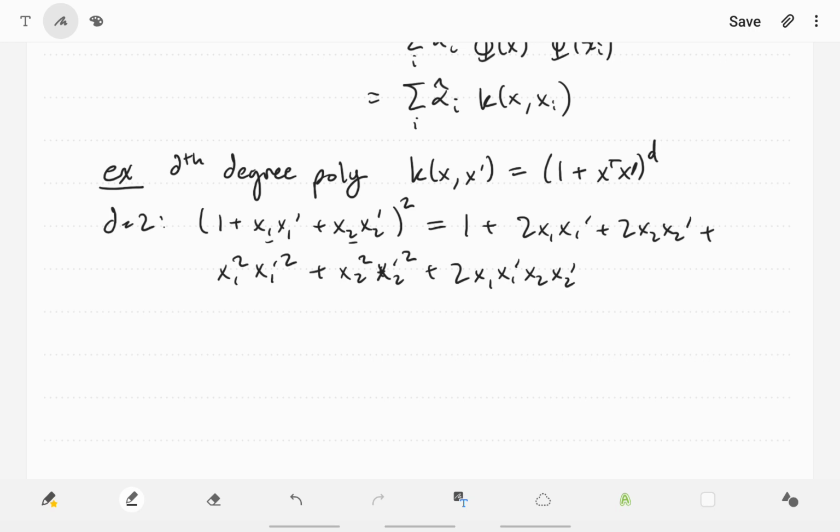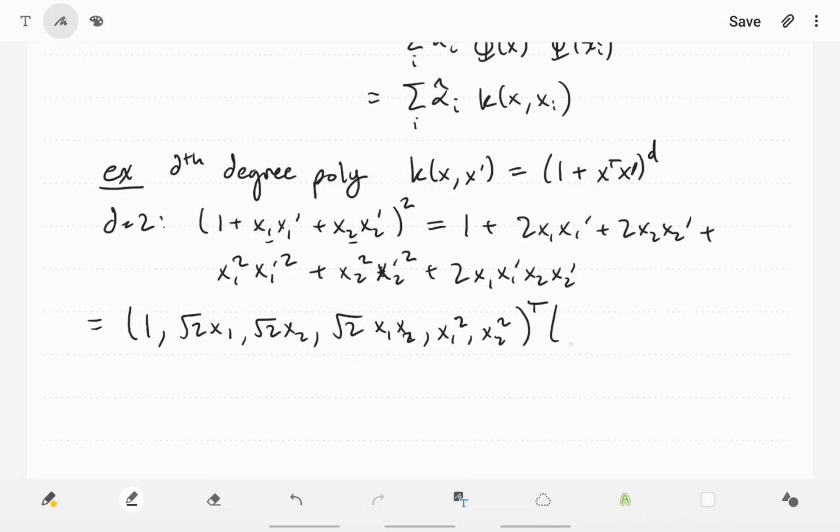Now how can we write this as an inner product between two vectors? Well, this is equal to the inner product of the vector 1, root 2 x1, root 2 x2, root 2 x1 x2, x1 squared and x2 squared, transpose the same thing but for x prime.